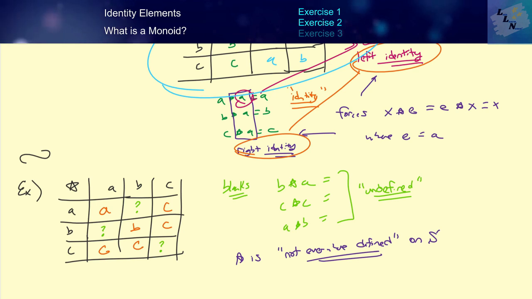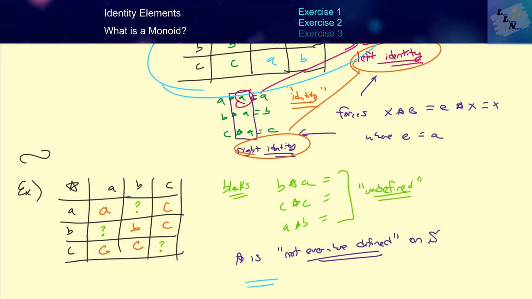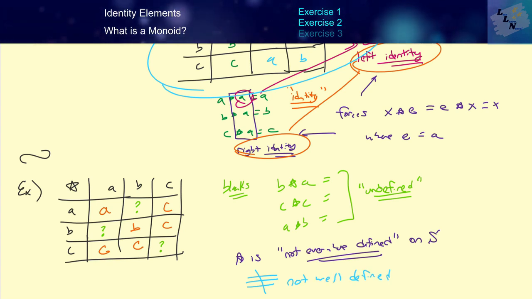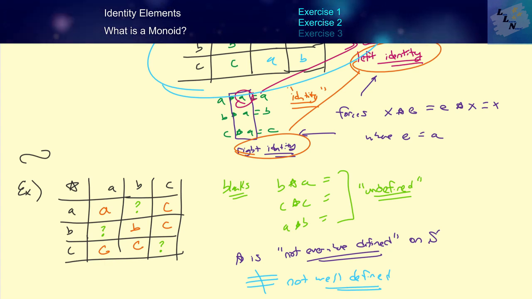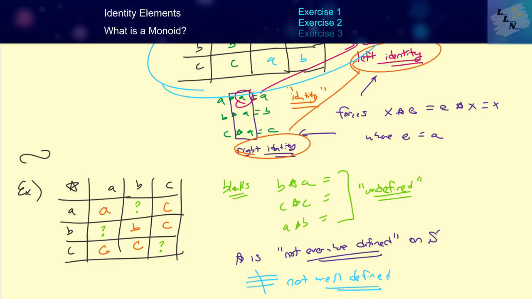But it's extremely important that you know the difference, that this is not equivalent to saying that this is not well defined. So when someone says that something is not well defined, that usually implies that there is some ambiguity or some unclearness as to what the value might be equal to, right?